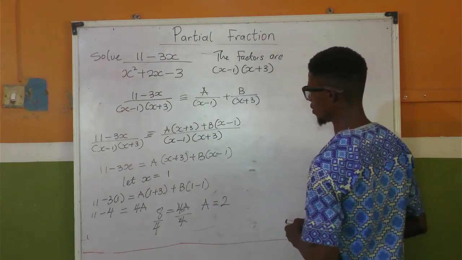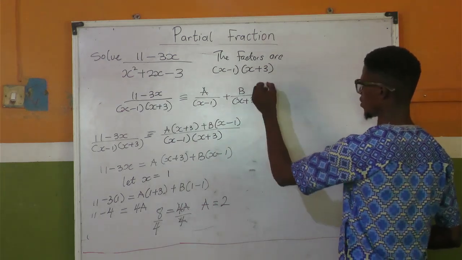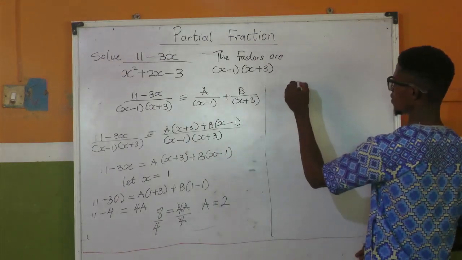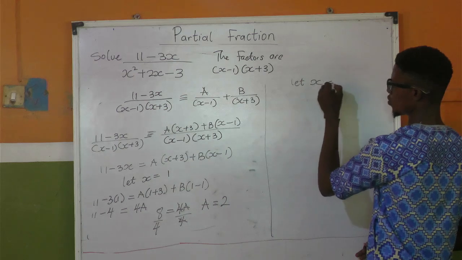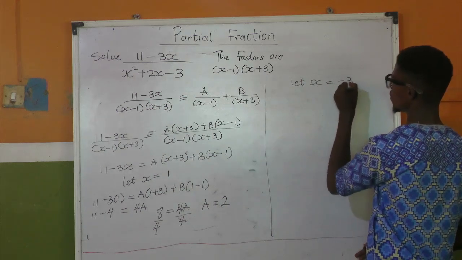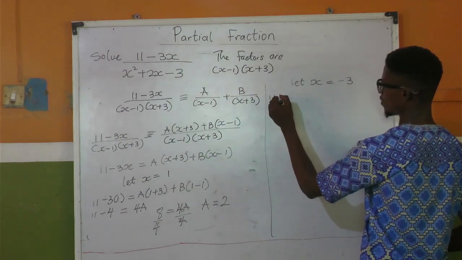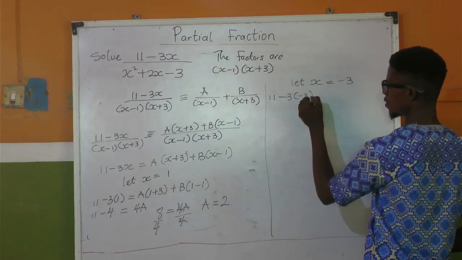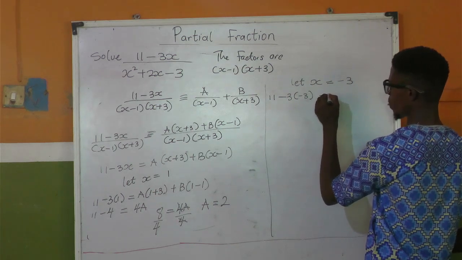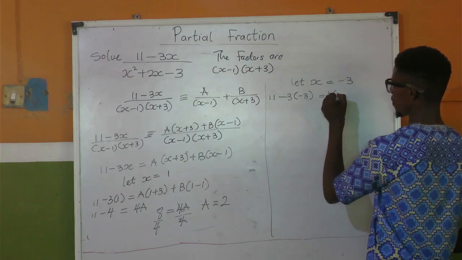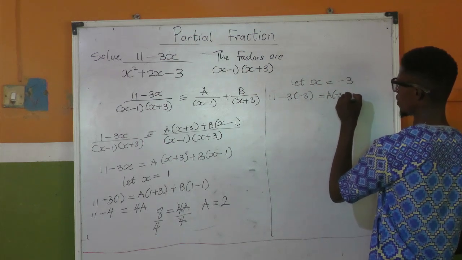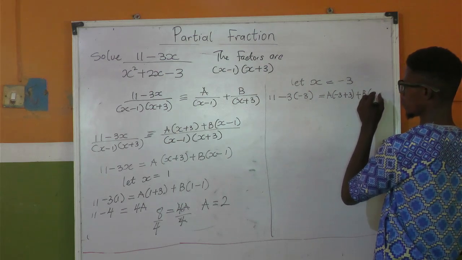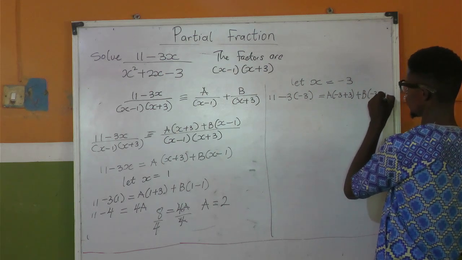Now to get our B, we simply need to choose x again, just like what we have done. Let x be equal to minus 3. So we have 11 minus 3 into minus 3 equals A into (minus 3 plus 3) plus B into (minus 3 minus 1).